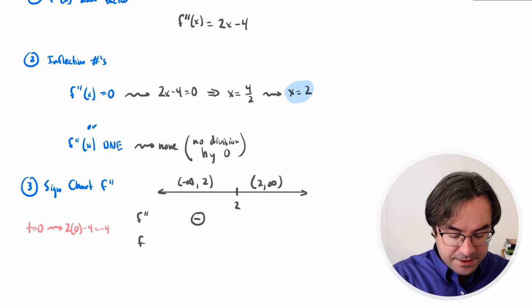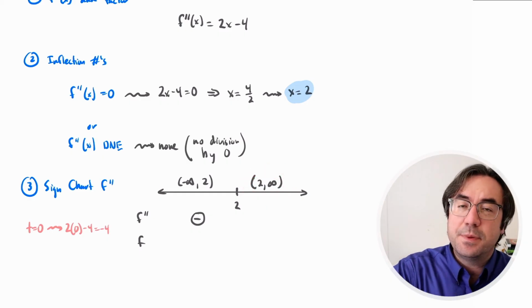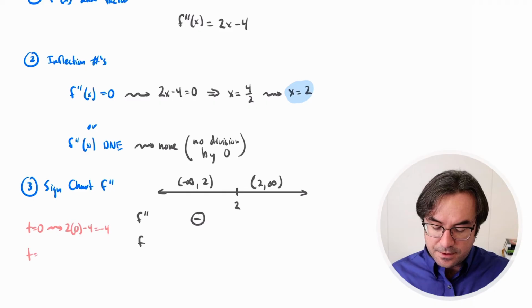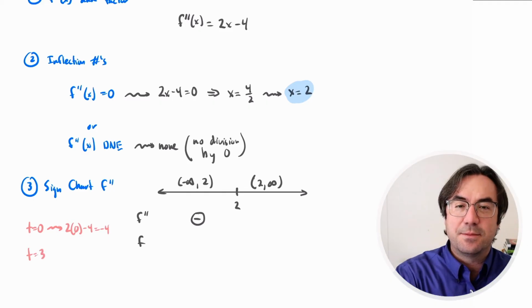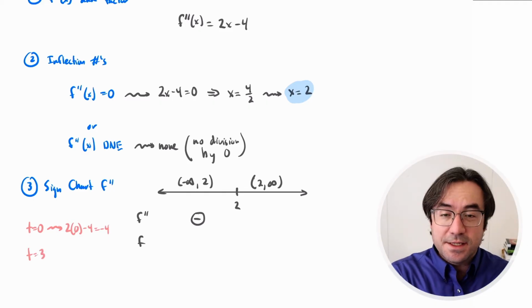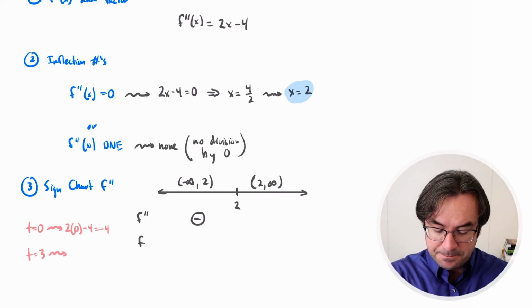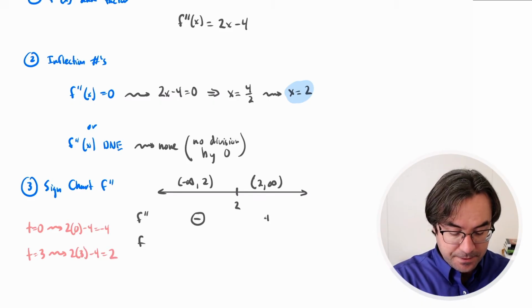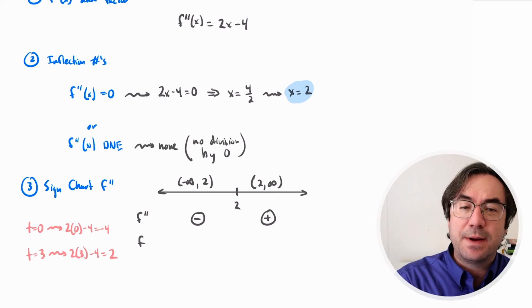Then we go on to our next interval, 2 to infinity. Pick a number bigger than 2. 3 is a perfectly fine test number in this case. Plug it into the second derivative and we get 2 times 3 minus 4, which is positive 2. So f double prime is positive over here.